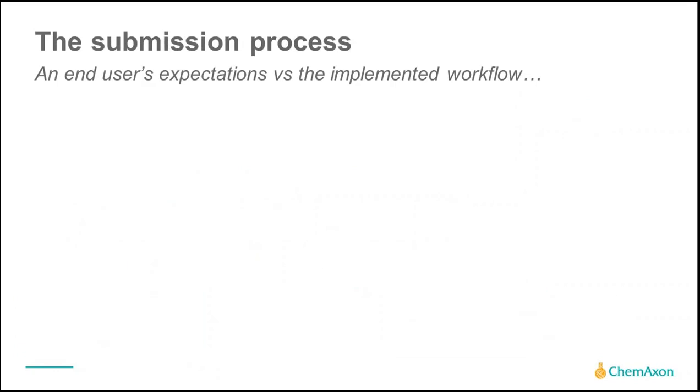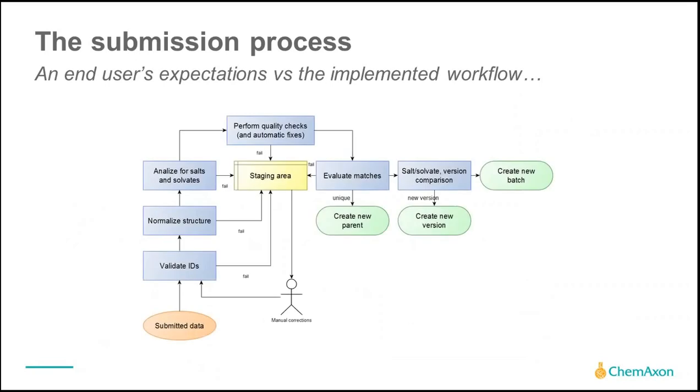Now, this is how the user of the compound registration system would see it. What we do in the background is a little bit more complex. I really don't want to go into details with this. I just want to show you this workflow very briefly so that you maybe understand more deeply what is actually going on. The submitted data is validated and normalized in multiple steps, and errors are checked for and corrected on the fly if possible.